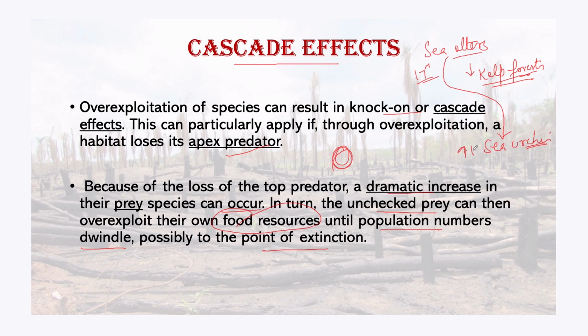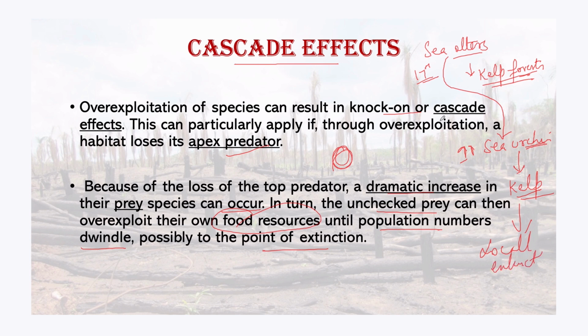Their population started increasing. The sea urchin then overexploited their main food source, the kelps, creating urchin barrens, areas of seabed denuded of kelp but carpeted with urchins. No longer having food to eat, sea urchins became locally extinct.